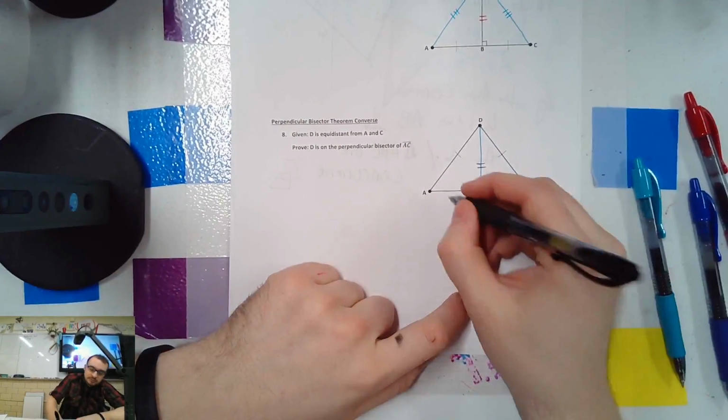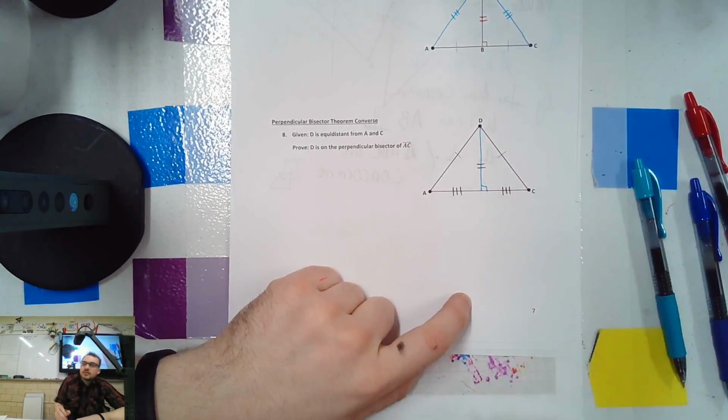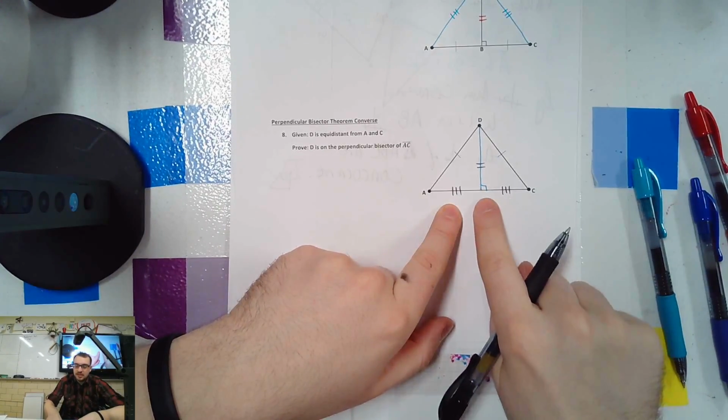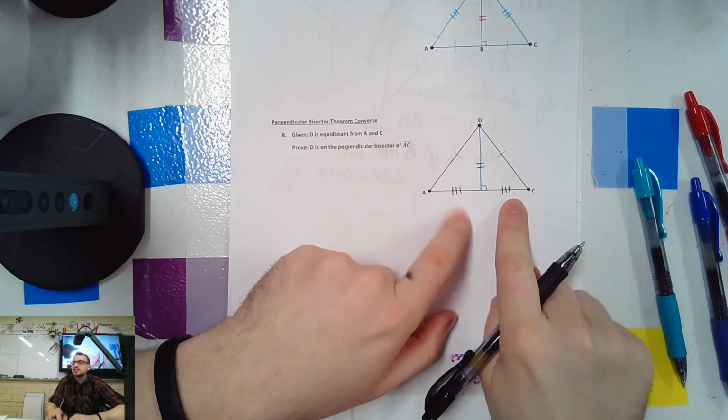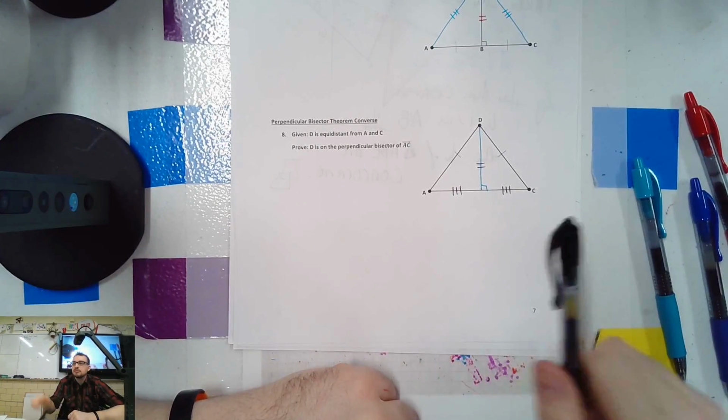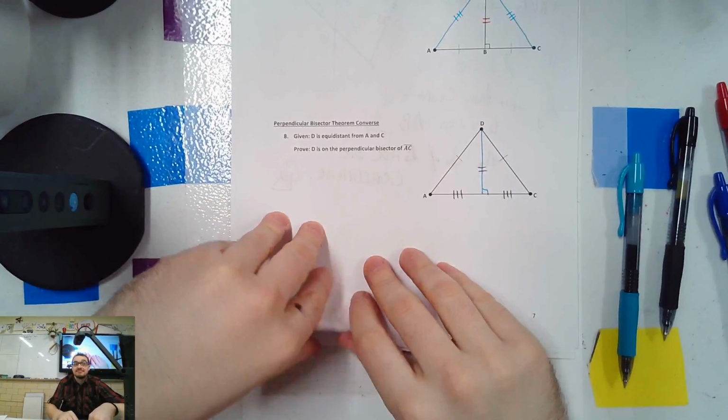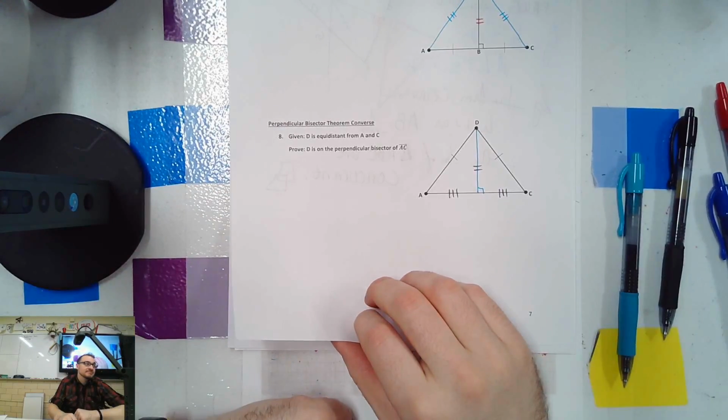And if they're congruent, then these sides are the same. And if these sides are the same, isn't this blue line a perpendicular bisector? So by definition, we win. Enough said.